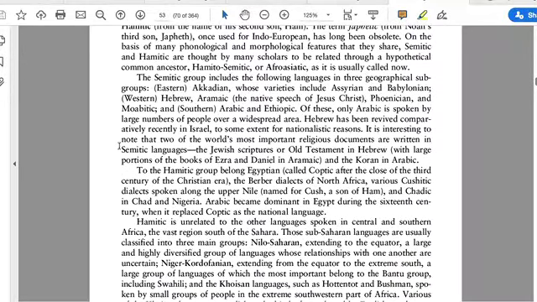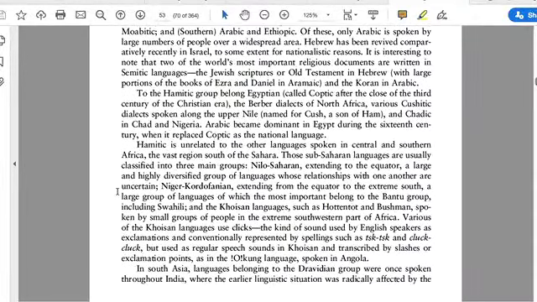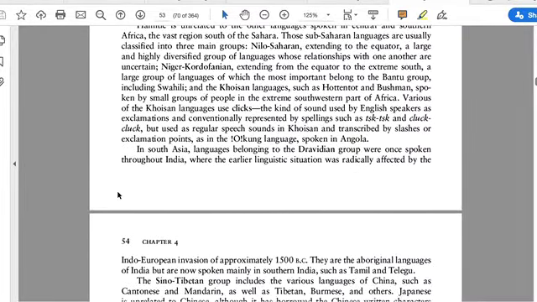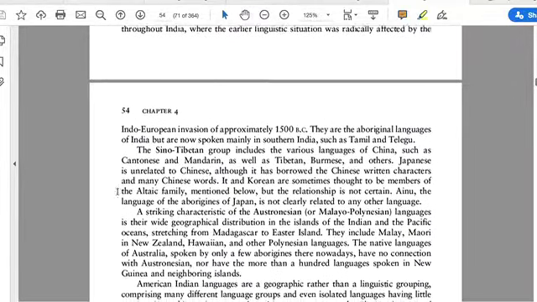Okay, so it talks about the Semitic groups and the Semitic languages. If you're interested in Arabic, take close note of this and learn something about it. If you're not interested in Arabic or Semitic languages, read a little bit about it and perhaps it will incite your interest. But you should know a little bit about it, especially being from this part of the world.